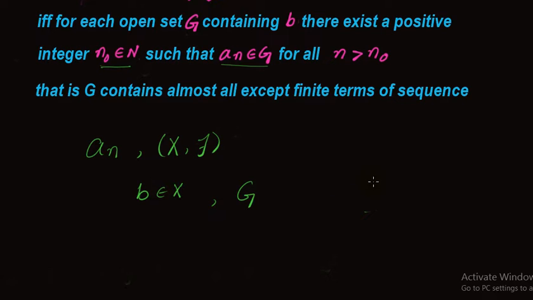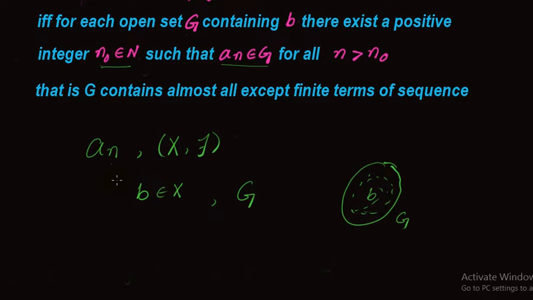That is, if we have an open set G containing this point b, every open set G containing the point b contains infinite points of the sequence an.